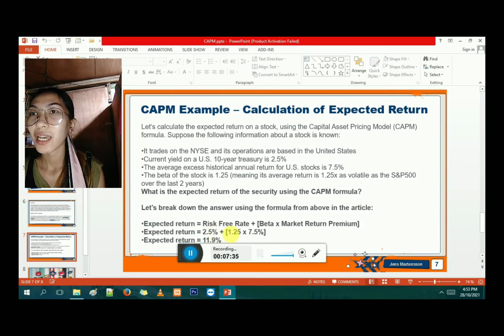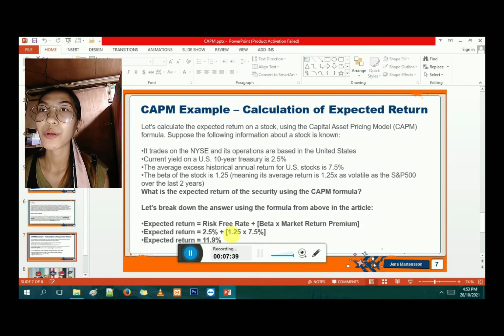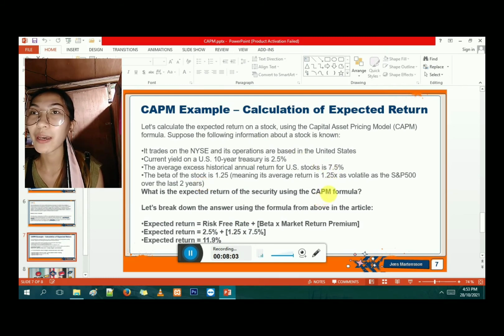2.5% plus the beta. The beta of the stock is 1.25, so we put 1.25 times 7.5%, which is the average historical annual return for US stocks.